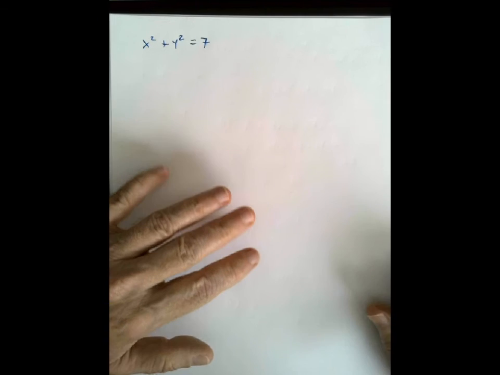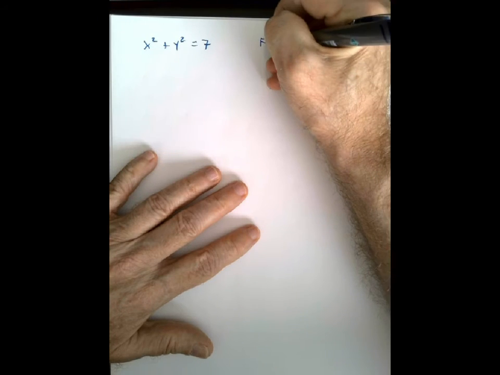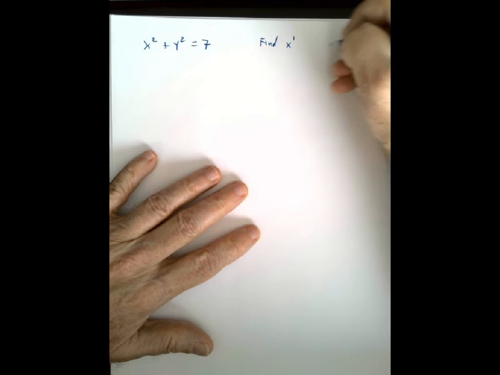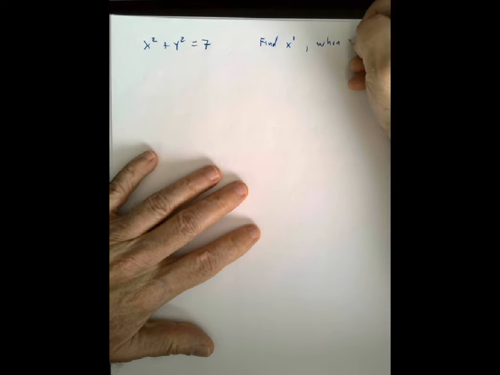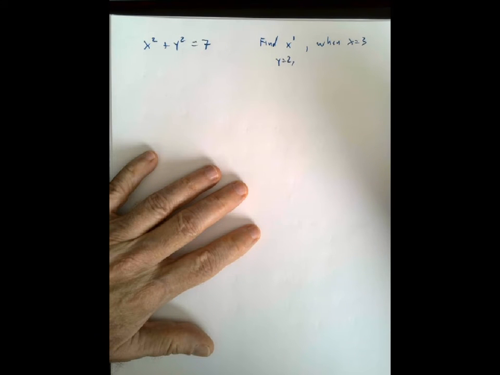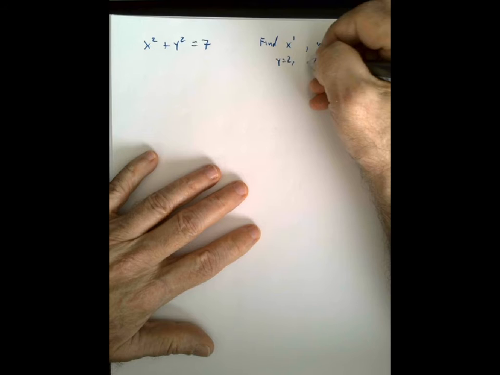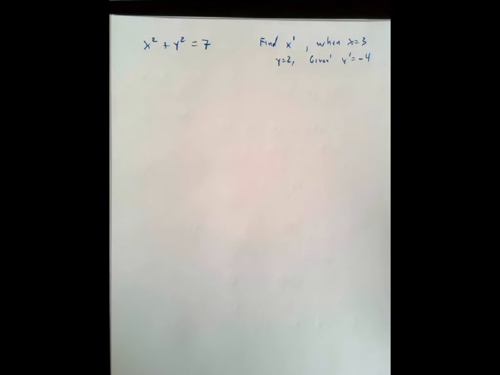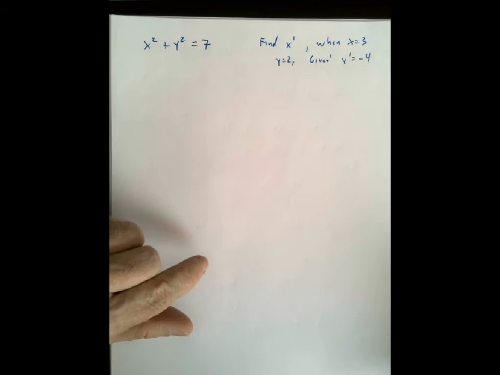We want to find, or calculate, x prime when x is equal to 3, y is equal to 2, and given y prime is equal to negative 4. So I've given you an x and a y, and given that y prime equals negative 4.